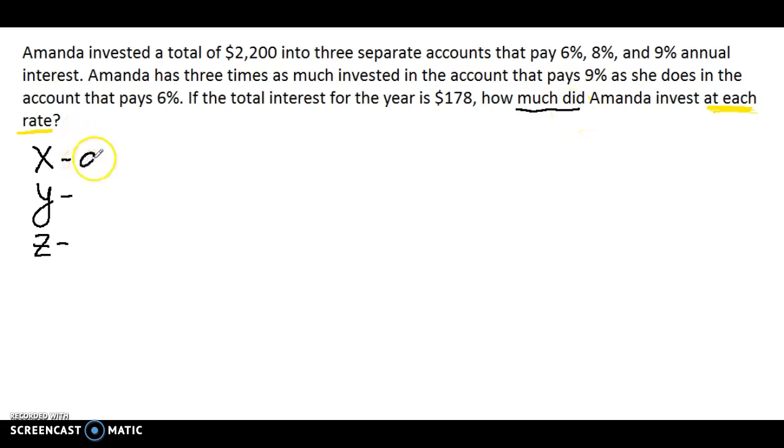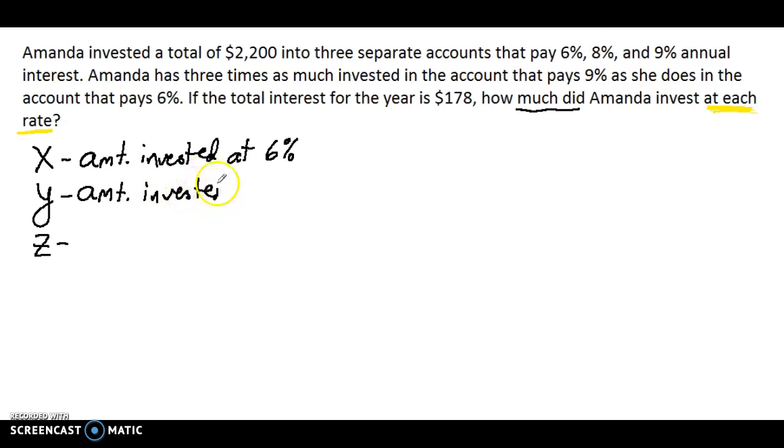So x will be the amount invested at 6%. And then y and z will match the other 2 accounts, so it'll be basically the same thing. And z will be the amount invested at 9%.